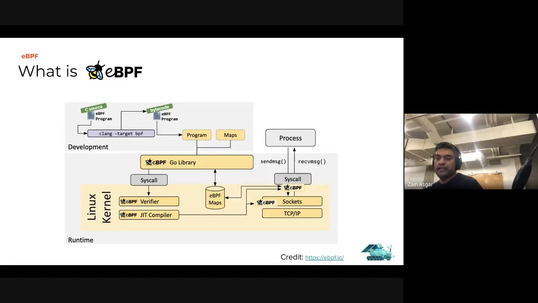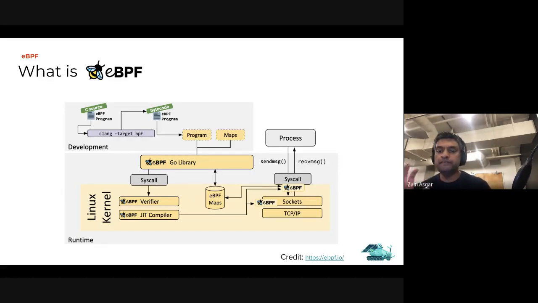After it's been verified, there's a JIT compiler that runs. In that JIT compiler, you take this BPF bytecode and convert it to executable machine code. This property allows the BPF code to execute as fast as the machine will allow. There are a bunch of capabilities that BPF has, and it's used for a lot of different use cases in networking, for building things like firewalls.